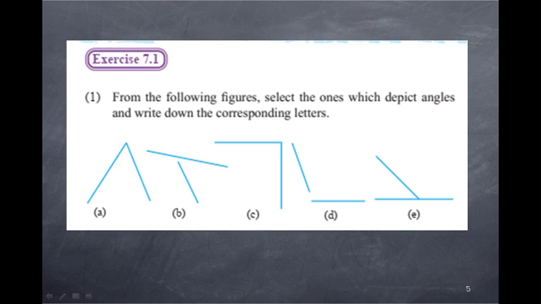By just looking, we can find an angle here, here, and here. By just looking, we cannot find an angle in B and D, but if we extend, we can find angles there. So for this exercise, I hope the answer that is expected is A, C and E, because B and D do not directly represent angles, but we can find angles there also.